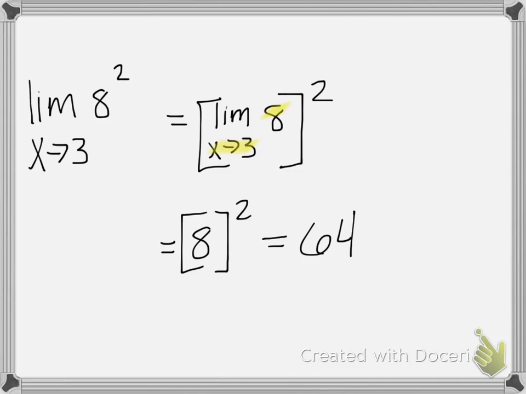But I guess I've got to do a few more of these just to make this video 5 minutes long. So we'll do one more, or maybe 2 more. Say we have the limit as x goes to 4 of x to the 1/2.